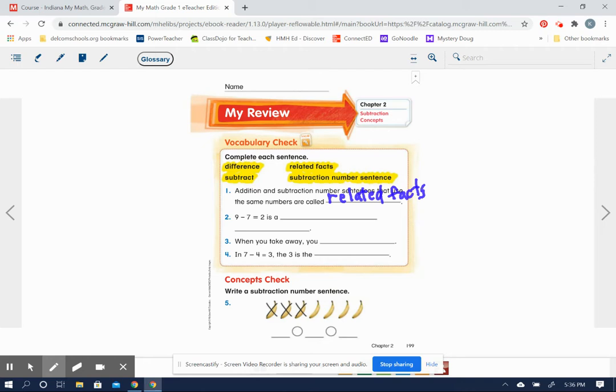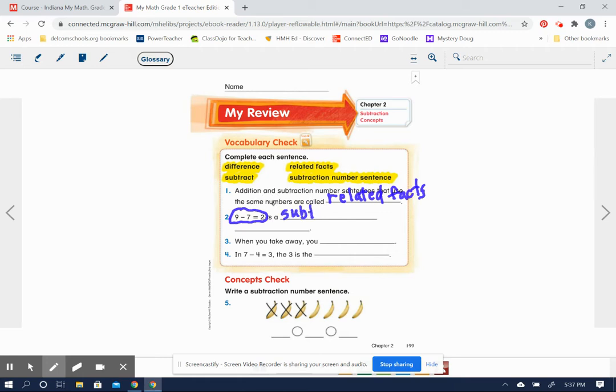Okay, number 2. 9 minus 7 equals 2 is a blank. So we're looking at this whole sentence right here. This is a what? Do you think that's a difference? Do you think that's subtract? Or do you think that's a subtraction number sentence? Yeah, it's the whole sentence, isn't it?